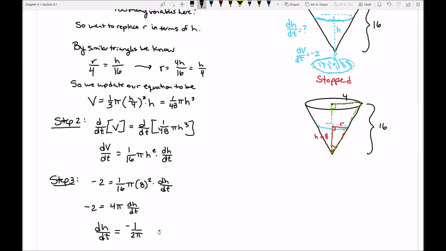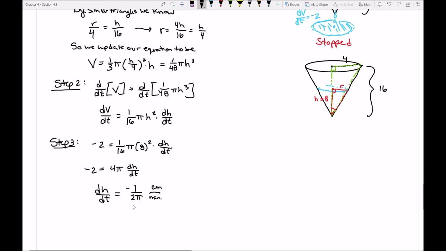I can see here that I've been measuring time in this problem in minutes, and I've been measuring heights or lengths of things in this problem using the units of centimeters. So my height here is decreasing. That's indicated by the negative, which makes total sense because my height is going down as the liquid drains out of the tank. And it's going down at 1 over 2 pi centimeters per minute.